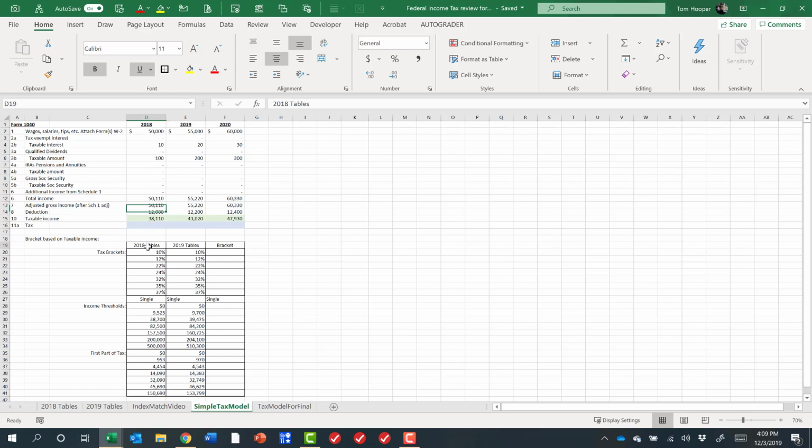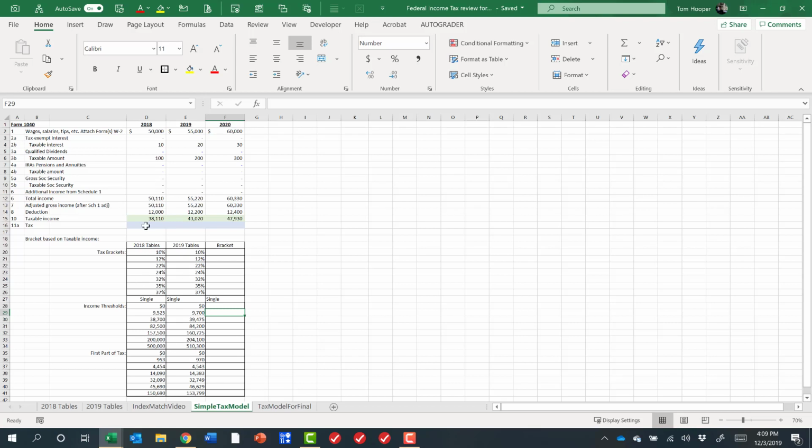We need different tax tables for each year because the tax rates change from year to year, either because the laws change or the laws have built in increasing taxes or decreasing taxes. So you can tell that the 12% tax bracket used to start at 9525, now it starts at 9700, and so on. Who knows what it will be next year? We could make some estimates, or we could maybe get out on the internet and find out.